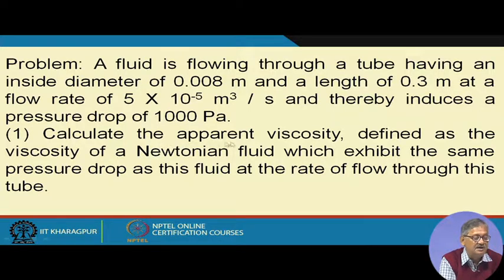Calculate the apparent viscosity, defined as the viscosity of a Newtonian fluid which exhibits the same pressure drop as this fluid at the rate of flow through this tube.